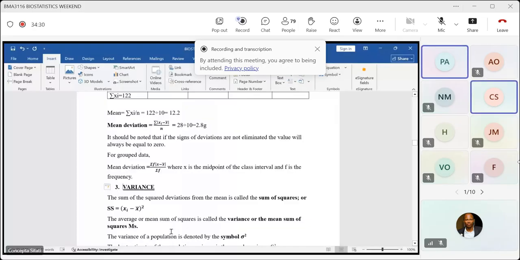Now, variance for population is represented by the symbol sigma squared. Let me see whether they have sigma here.